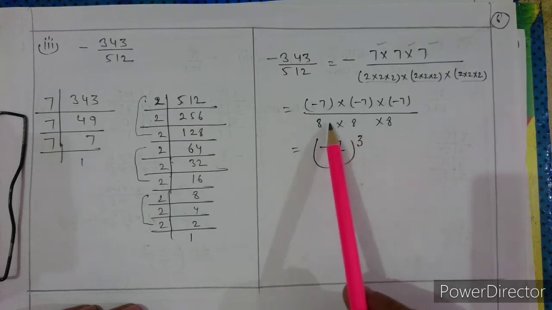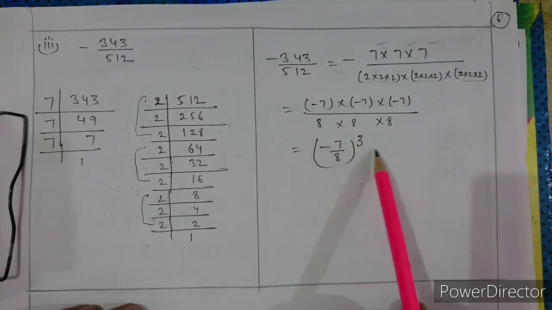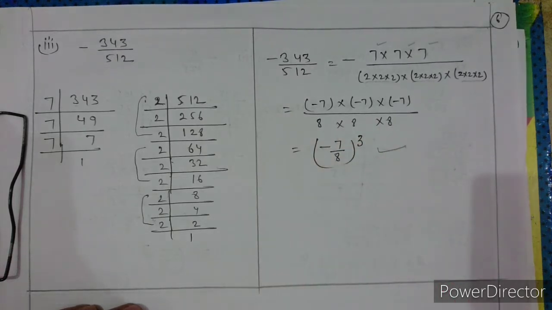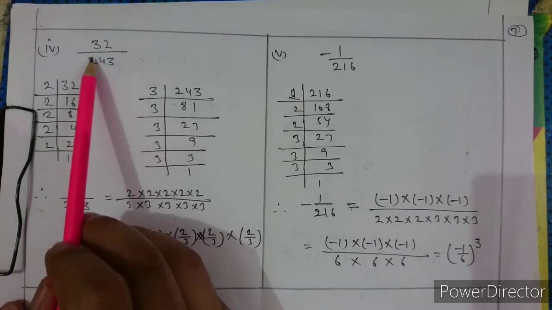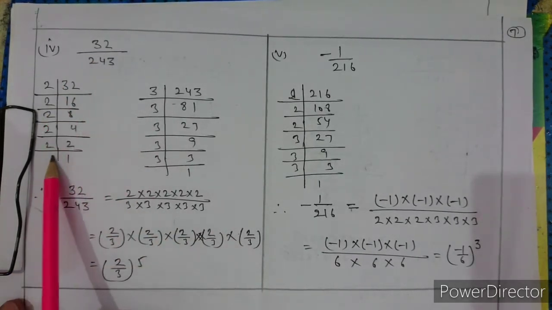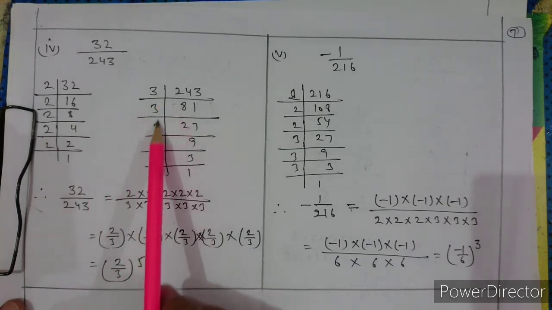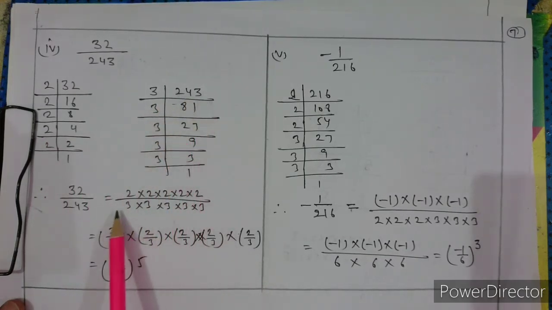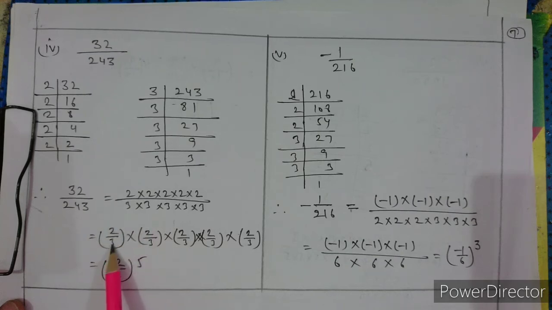So 8, 8, 8, and this will be equal to minus 7 upon 8 raised to power 3. 32 upon 243, the prime factorization of 32 and 243 is here. So we will get 2 upon 3 five times, so 2 upon 3 raised to the power 5.